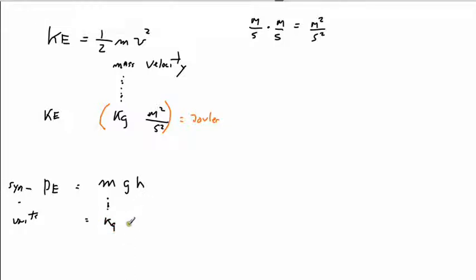Gravity is an acceleration, so if you look at your chart for units and symbols, the units for gravity are meters per second squared. And height is a distance, so again, it's measured in meters. When we multiply meters times meters, it's going to give you meters squared. So I can erase this meter, and you will notice that these units are the same as these units.